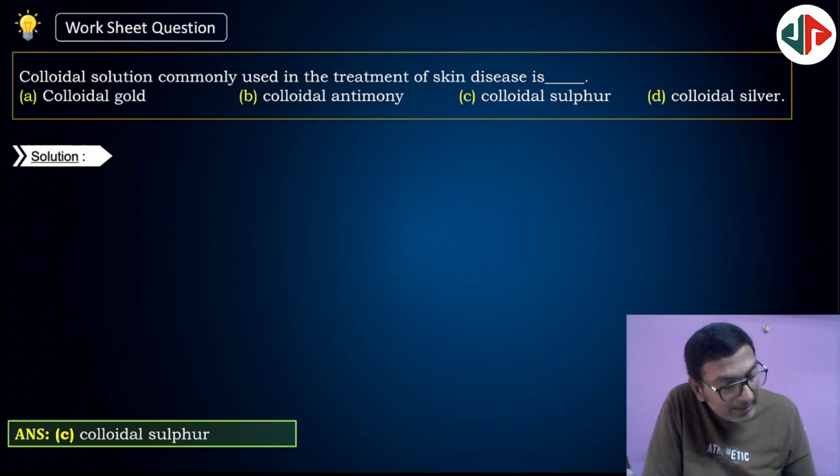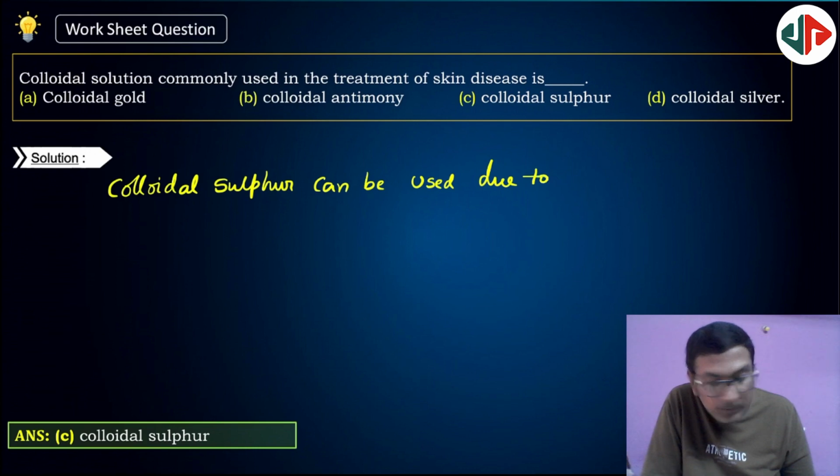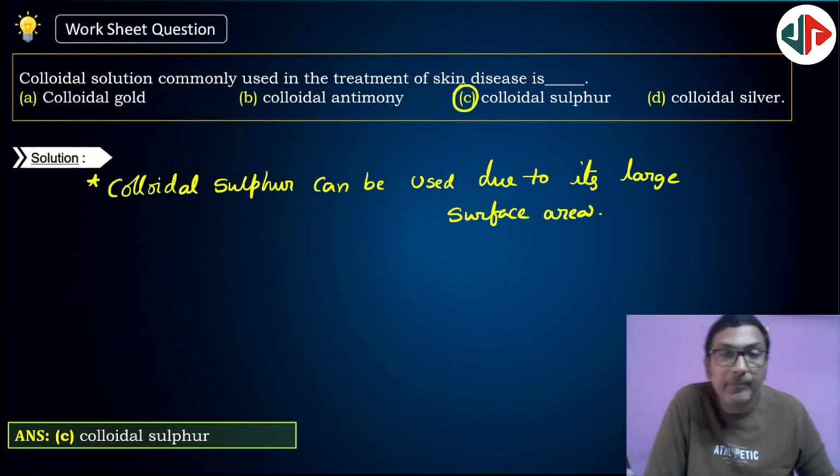So colloidal sulfur can be used due to its large surface area. So option C. Next.